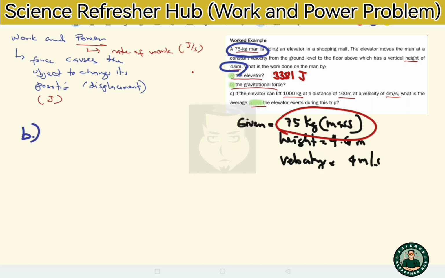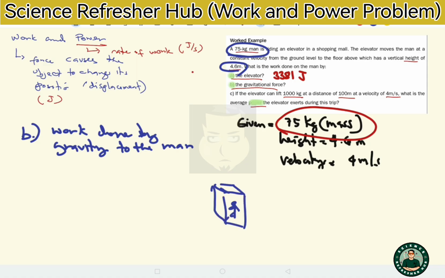Now, in letter B, we will need to find the work done by gravity to the man. Okay, let's say it's our elevator here with a man inside, and then this elevator goes up 4.6 meters from the ground level. And then since we're dealing with gravity this time, the gravity's direction is going downwards. So in this case, displacement of our elevator with a man inside is going upward.